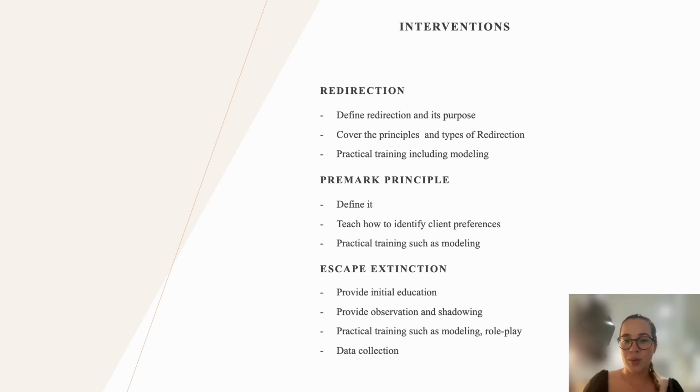We want to provide practical training, which can include modeling how to implement the intervention. We can do shadowing, having the new staff experience another staff during the session when redirection is used.